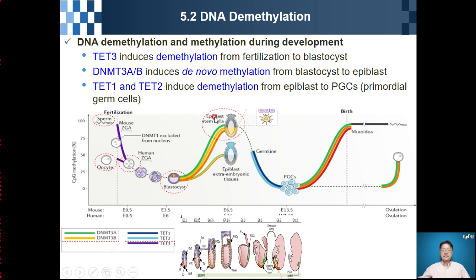The embryonic stage of the epiblast is E6.5. Around here, primordial germ cells can be made. If you see here, this is the primordial germ cell.